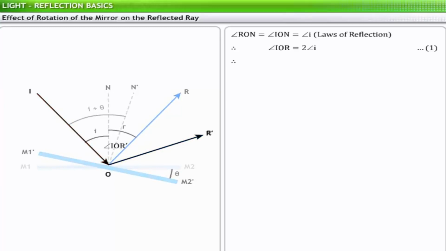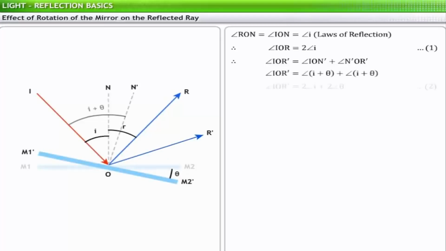From the figure, you can see that angle IOR' is equal to angle ION' plus angle N'OR'. Substituting ION' and N'OR' in terms of I and theta, you get angle IOR' is equal to 2I plus 2 theta.